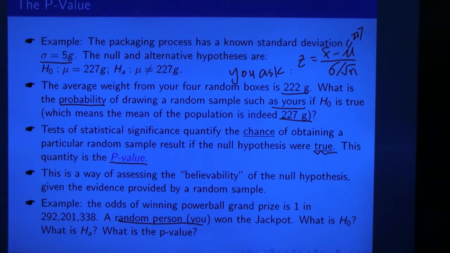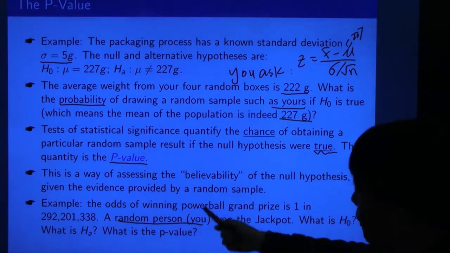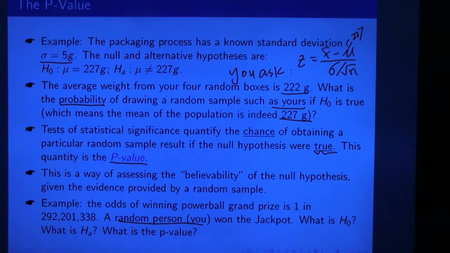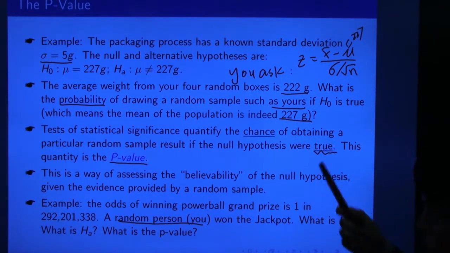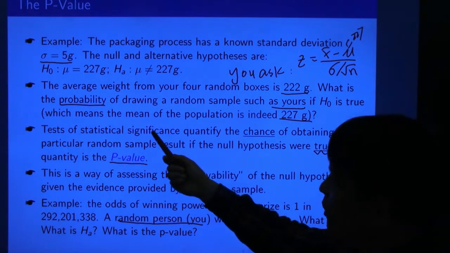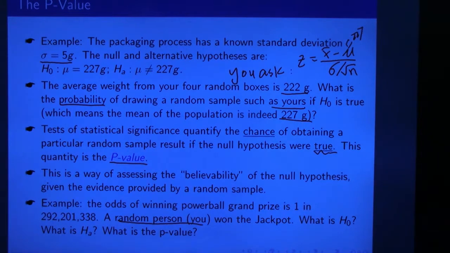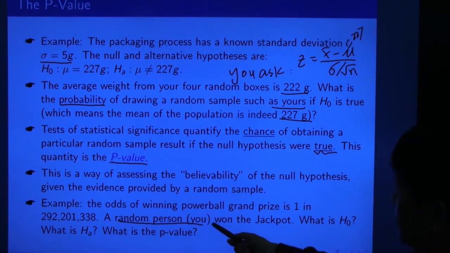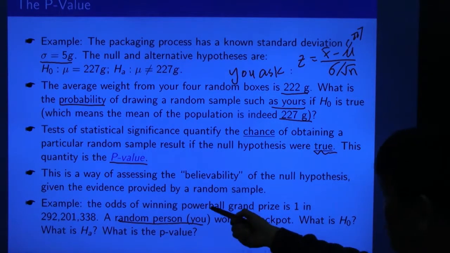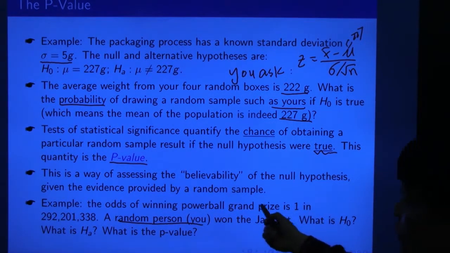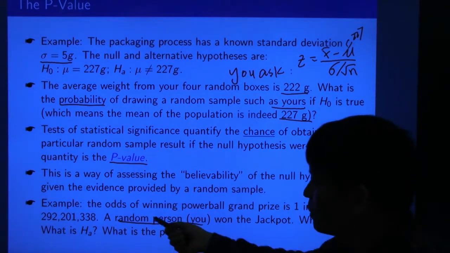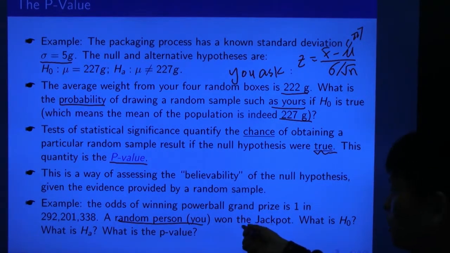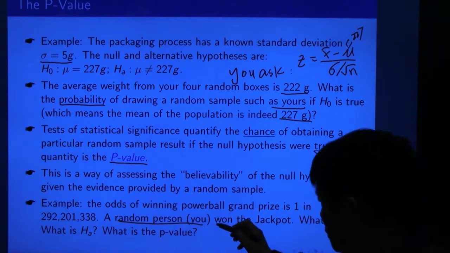Okay, to answer this question, we need to go back to the definition. P-value means: if your null hypothesis were true, what's the chance that you get a random sample like yours? Here, if the hypothesis that the odds of winning Powerball equal 1 out of 292 million is true, then what is the chance that a random sample gets a result like this, that it won the jackpot?